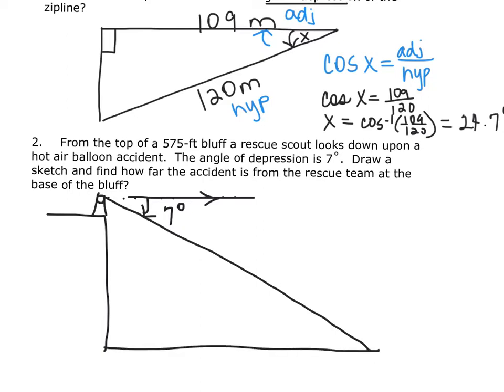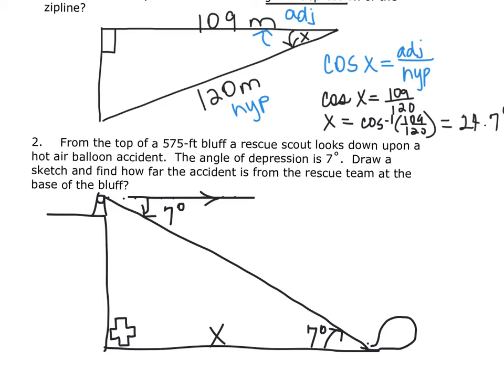The rescue team, I'll just draw a little red cross, is here, and here's our accident of the balloon. We want to find out how far the accident is from the rescue team. Remember that our angle of depression is equal to the angle of elevation. So in my right triangle, I can put 7 degrees right here.